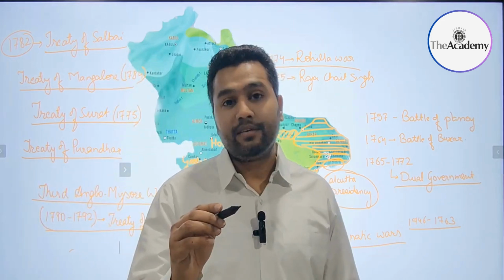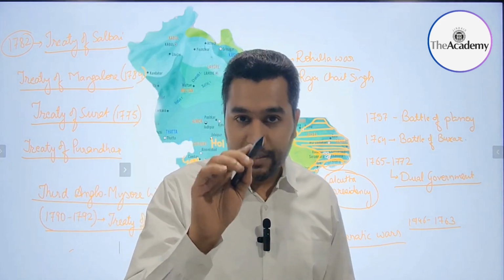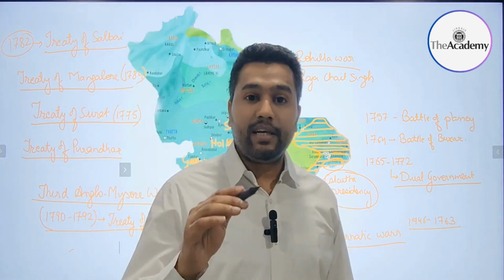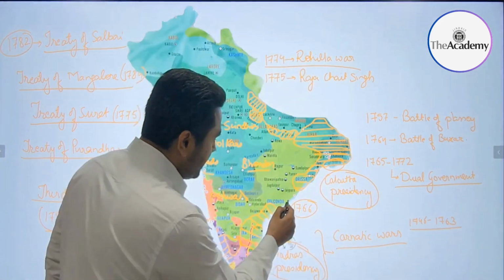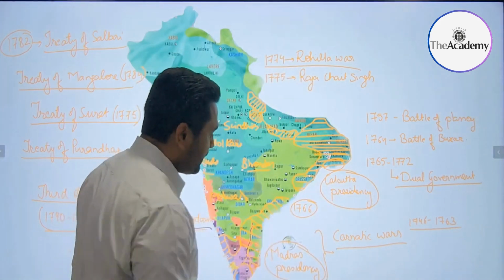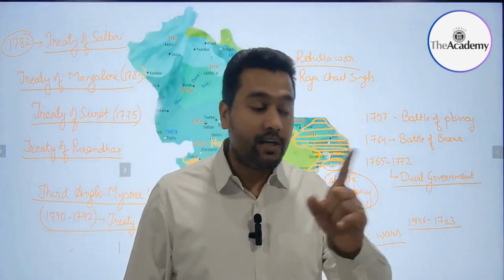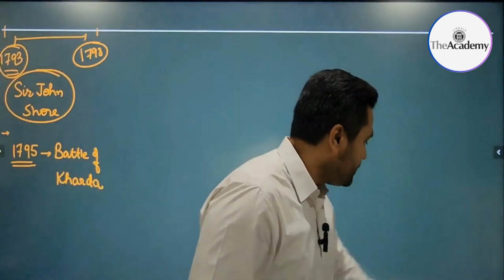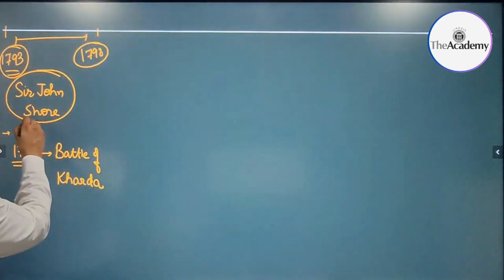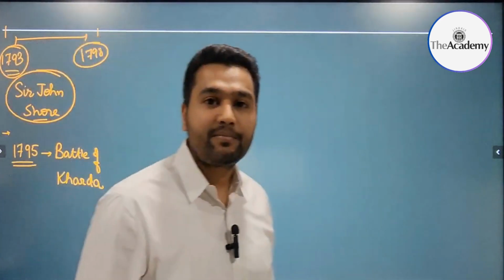Via this treaty, in 1766, the British signed the treaty and got this entire Northern Sarkars area. But the British under Sir John Shore did not come to the rescue of the Nizam.